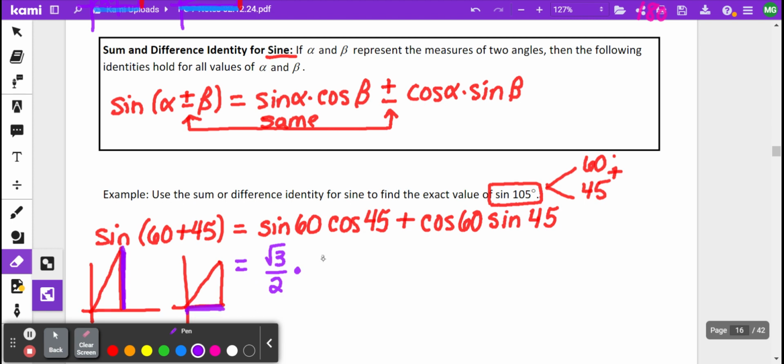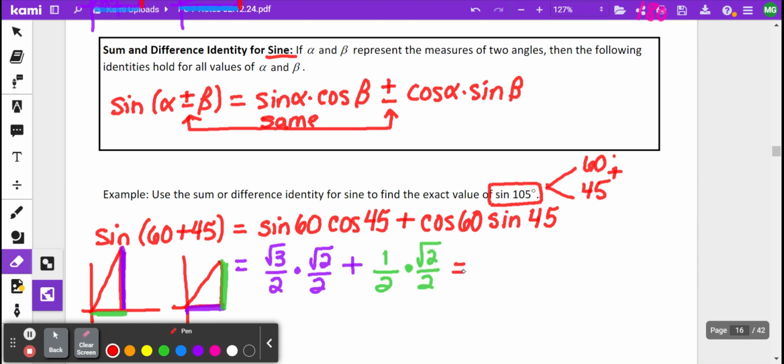Cosine is like the width, so it's root 2 over 2, plus, now we've got the cosine of 60, so that's not very wide, so it's 1/2, times the sine of 45, which is root 2 over 2.